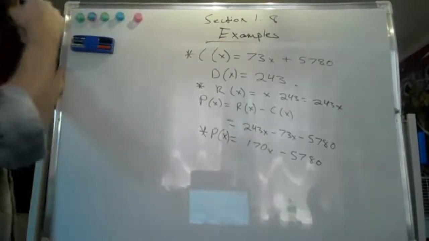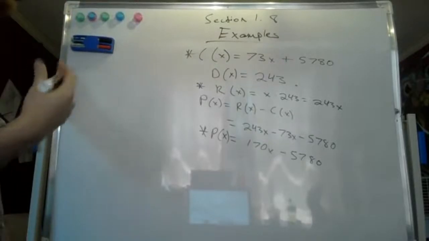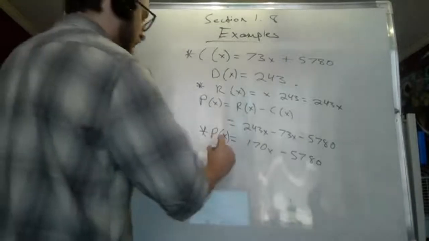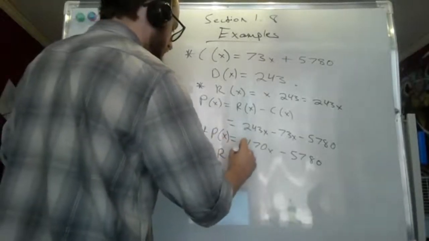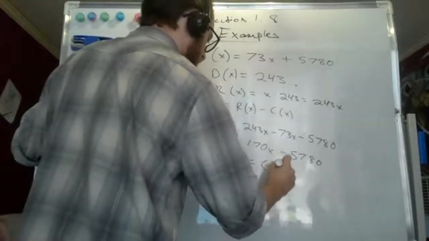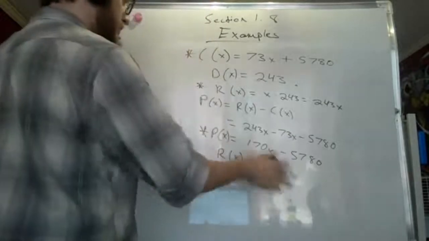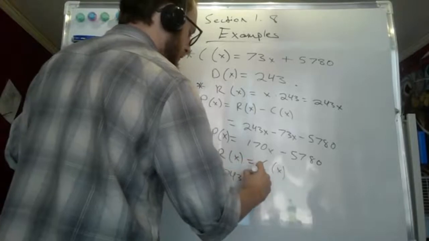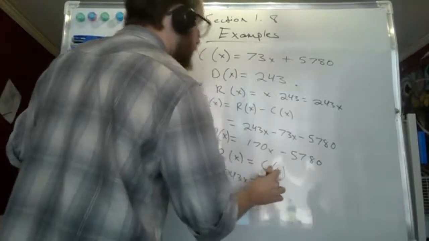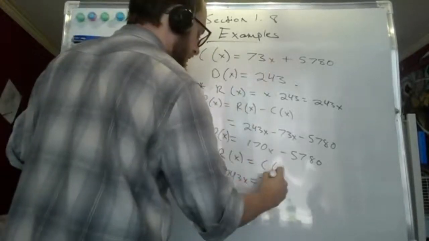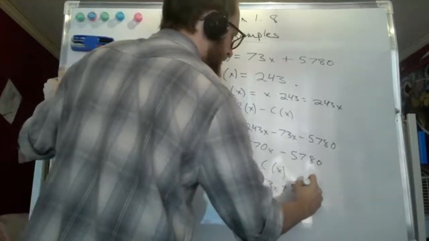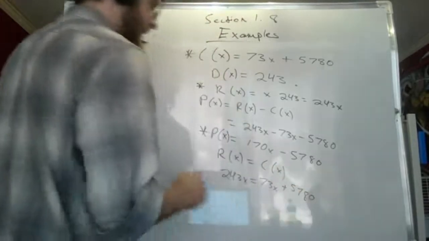And then the last thing this question asks for is what is our break-even point? Remember, break-even is where our revenue equals our cost. So I'm going to have 243x equals my cost, 73x plus 5,780.